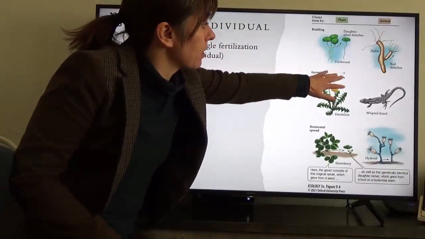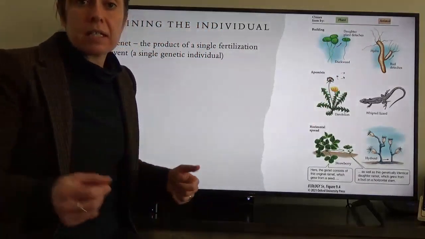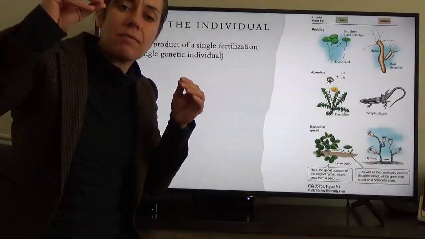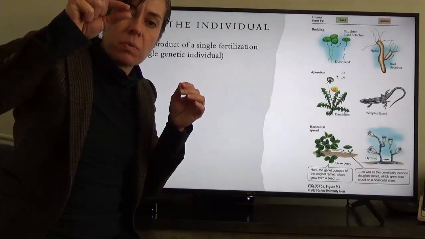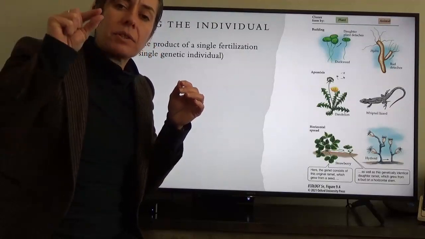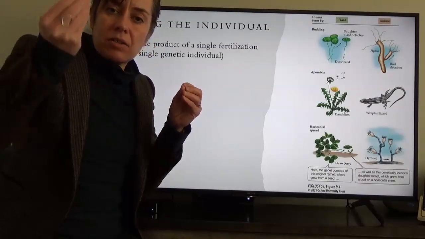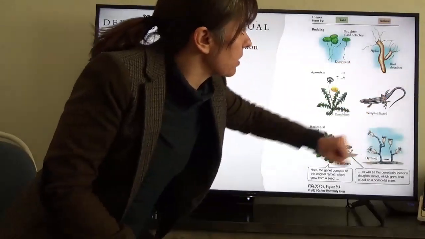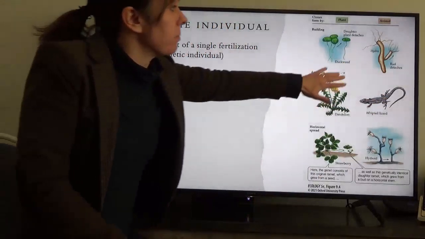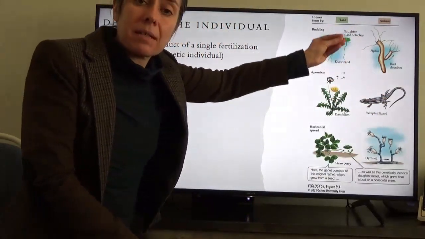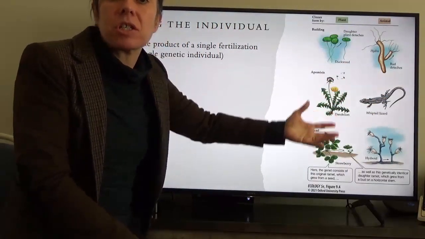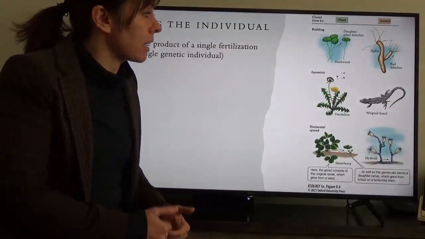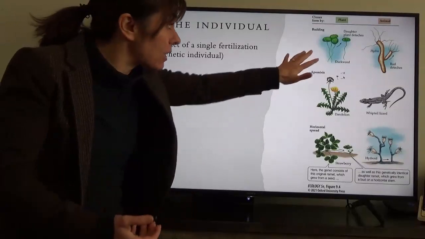And so we have here this duckweed where the daughter plant detaches, or you can think of a lot of succulents that have those little juveniles that are produced right at the edge of the leaves and just can drop off and form new individuals. We see the same thing here in this hydra, where the main individual produces a bud that then detaches and floats away and forms a new separate individual elsewhere. But genetically, they're identical.